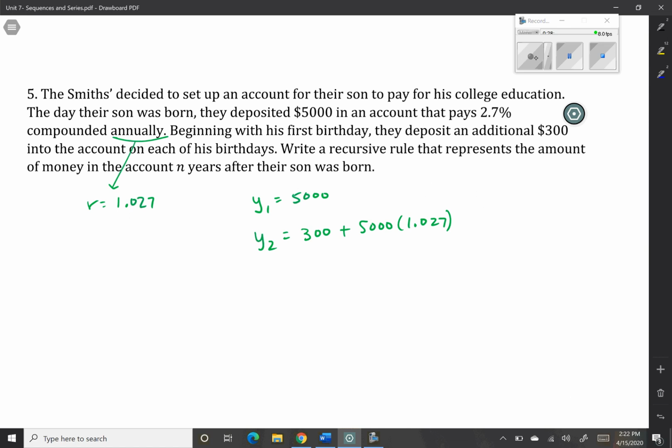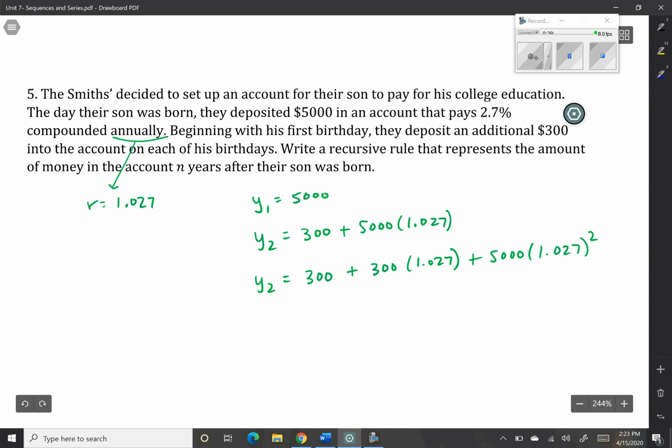Then in the next year, they're going to take whatever this value was and add another $300. Then they're going to add the previous year's $300 times 1.027. And that original $5,000 is going to get 2 years of interest, so it would be that value squared.